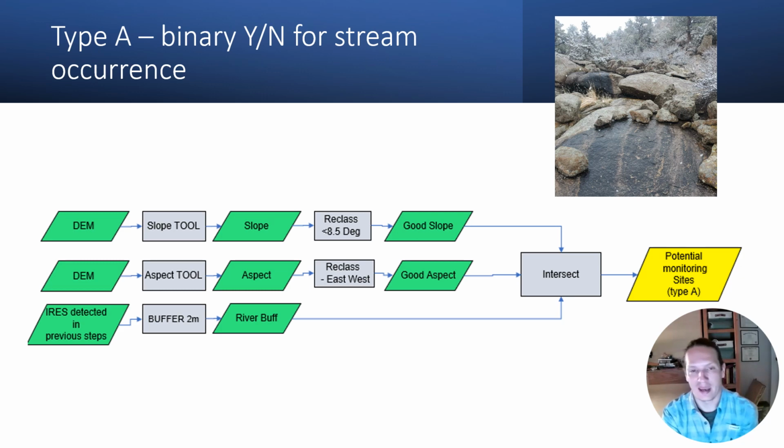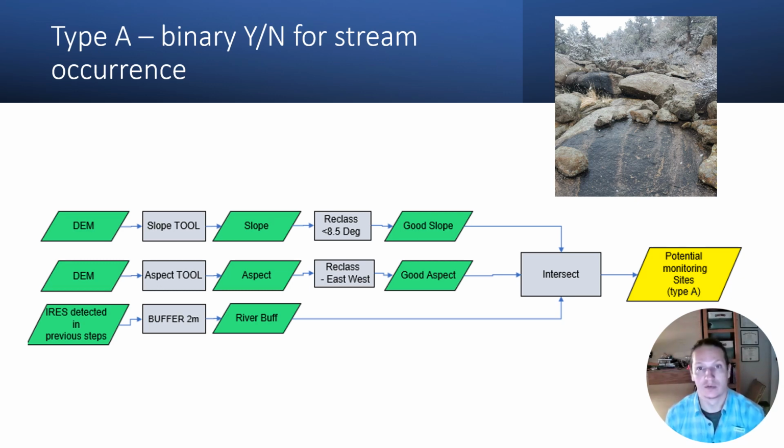So the type A, which measures the yes or no occurrence in binary. What I did is take the DEMs, and we need it to be on slope that's less than 8.5 degrees, and aspect that was not, this is kind of fun to think about, facing east or west, because when the sun rises and sets, it would completely wash out the lenses of the cameras.